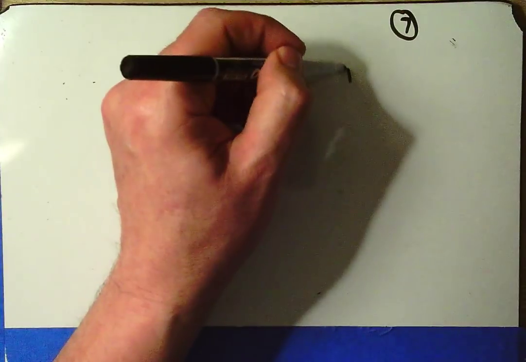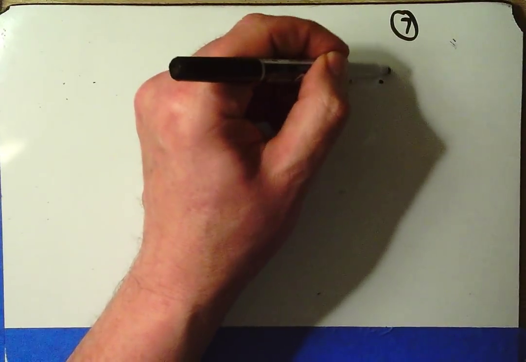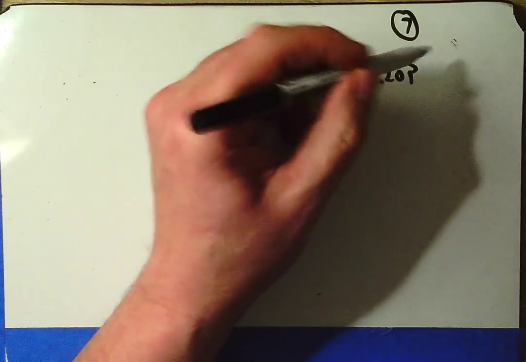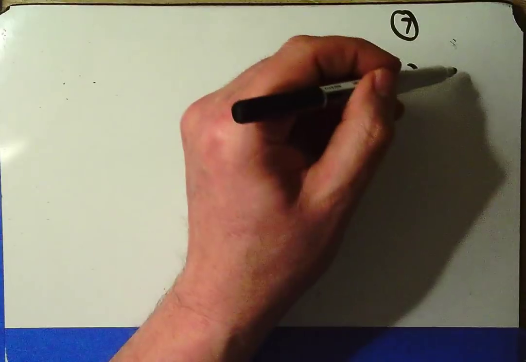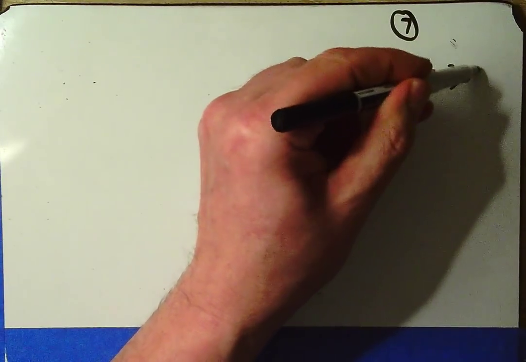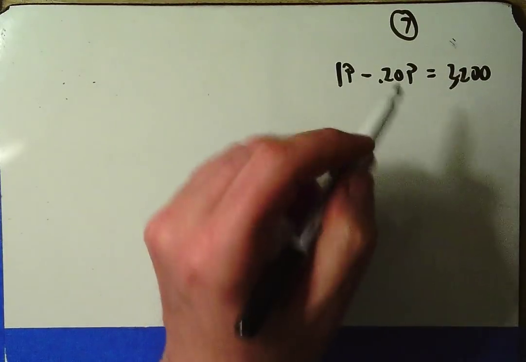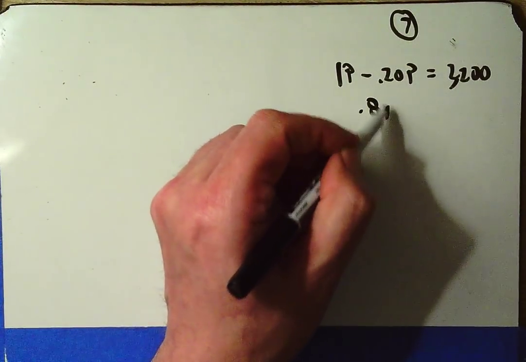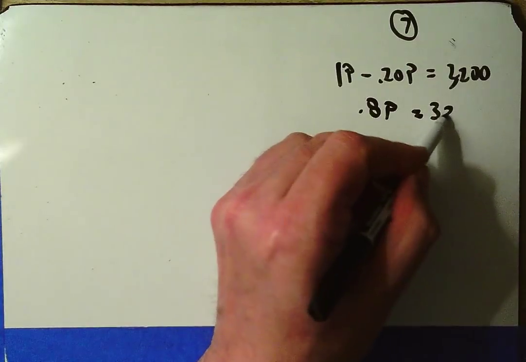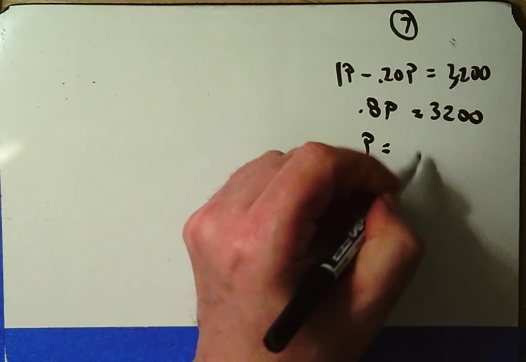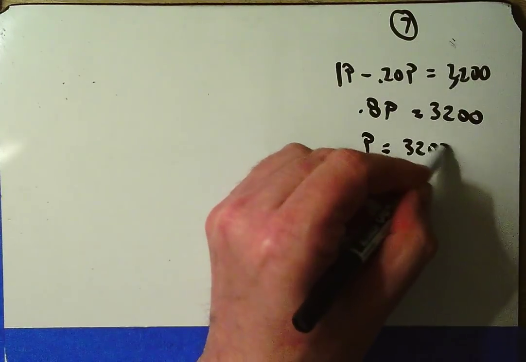Well, so he got his pay and he took 20% of the pay out to pay his rent. The remainder is equal to what he deposits, $3,200. Well, 1p minus 0.2p is 0.8p equals 3,200.